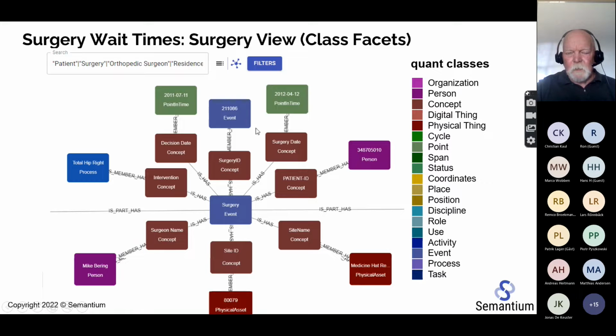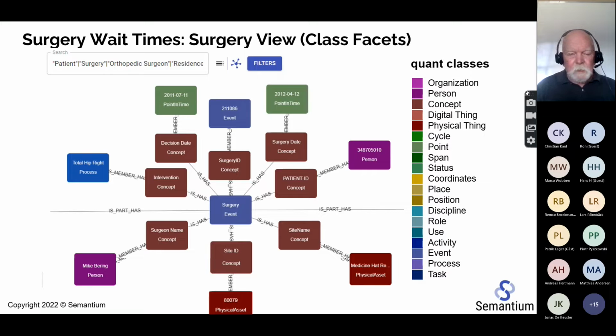So this number represents an instance of a surgical event. We have points in time like we had before, et cetera. So this is kind of the quant class view. You can filter this pretty much any way you want to in Semantium based on the levels, the quant classes.